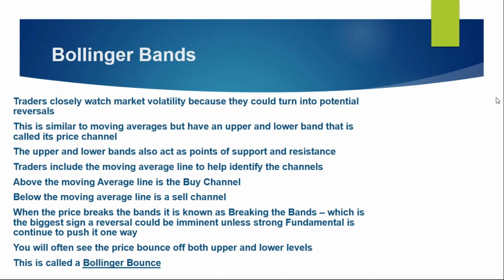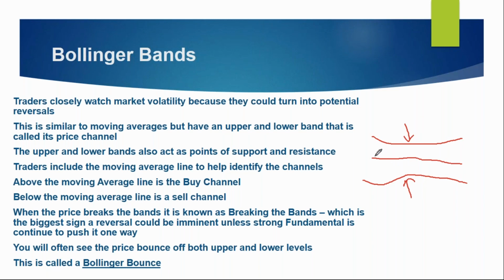So for example, let me just draw it out quickly in a nutshell. You have your line running through there. That's your upper band, and that is your lower band. That's your resistance at the top, and that's your support at the bottom.